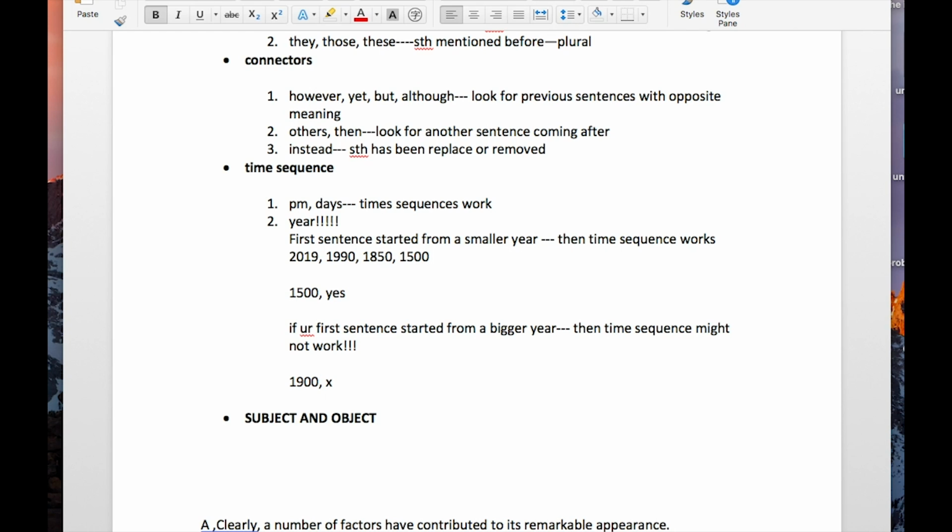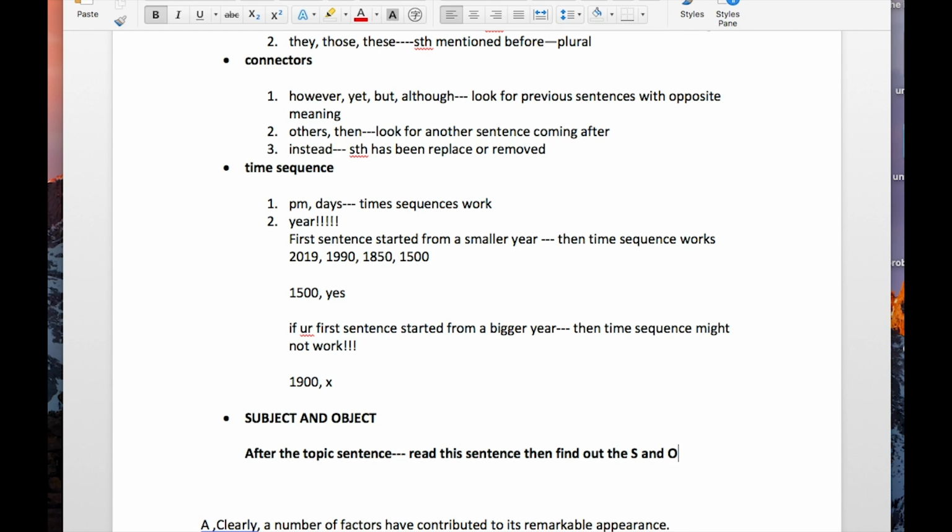So what do we do? First of all, after finding the topic sentence, read this sentence, then find out the subject and the object.